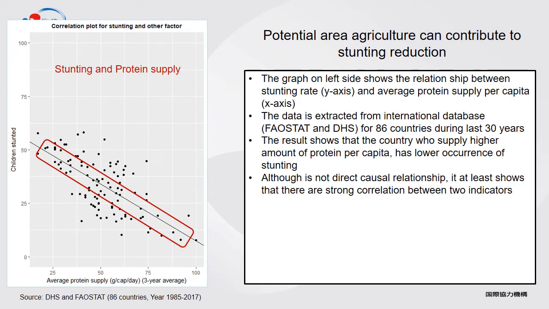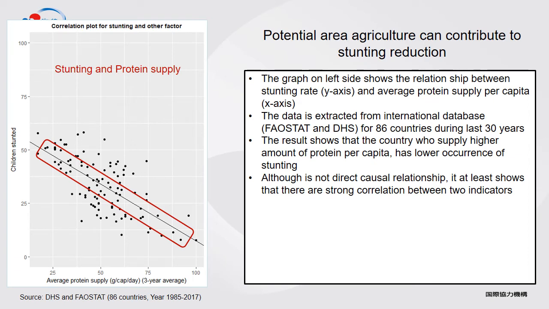From the scientific literature, we understand causality of stunting is very complex, and we cannot say a single nutrient can resolve all the stunting problem. However, from this graph, we can at least say there is a potential in agriculture sector to contribute stunting reduction.